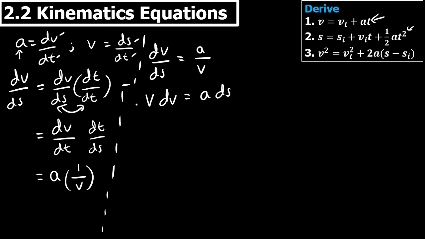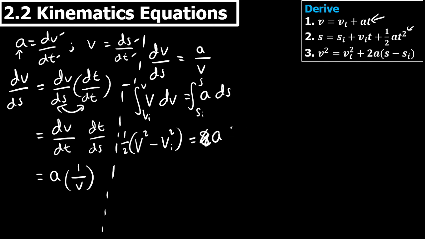Now again we can integrate both sides with our limits, vi to v, and si to s. On our left hand side I will have v squared minus vi squared multiplied by half, which equals a times s minus si.